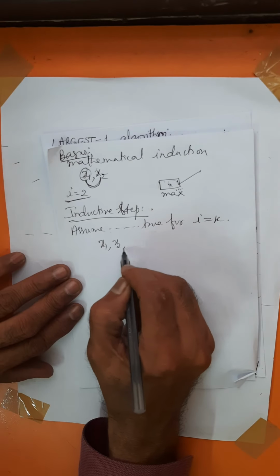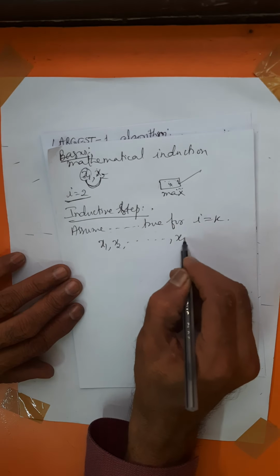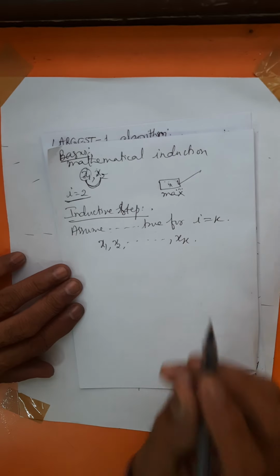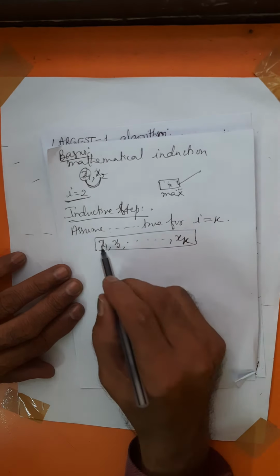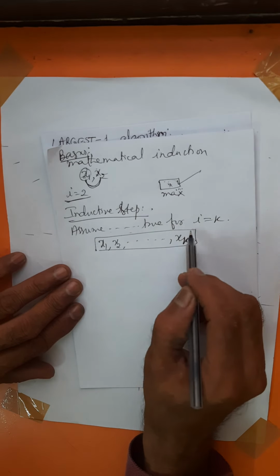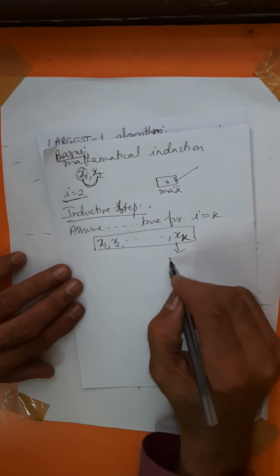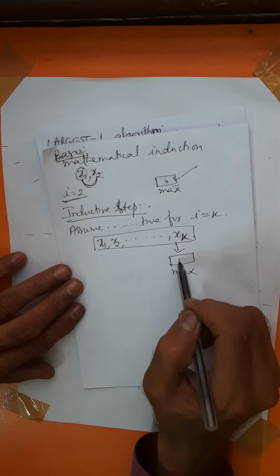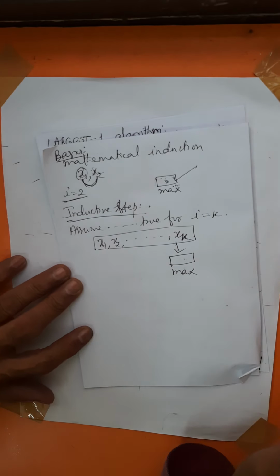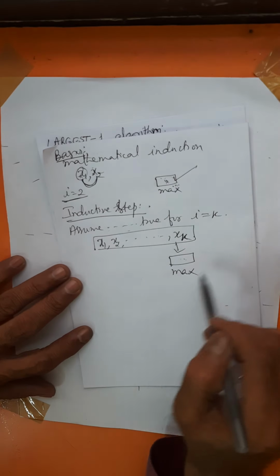Among k registers x1, x2, etc., xk, the largest of the values stored in the k registers will be put in the register max. So this is the inductive hypothesis.